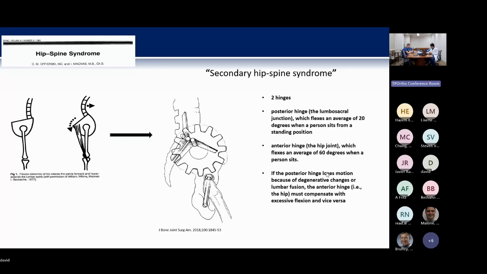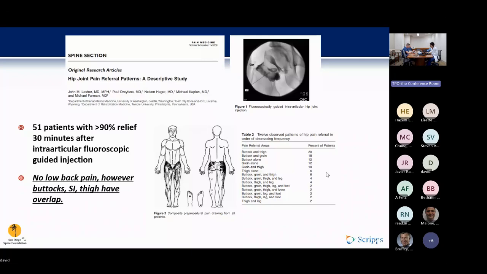A lot of the studies tried to delineate where the pain is coming from using a series of injections. So in this study, 51 patients had over 90% relief of their symptoms with an intra-articular hip injection. Amongst those patients that had a positive response, they asked them all to draw on the graph, the picture here, as well as record where their symptoms were that experienced significant improvement.